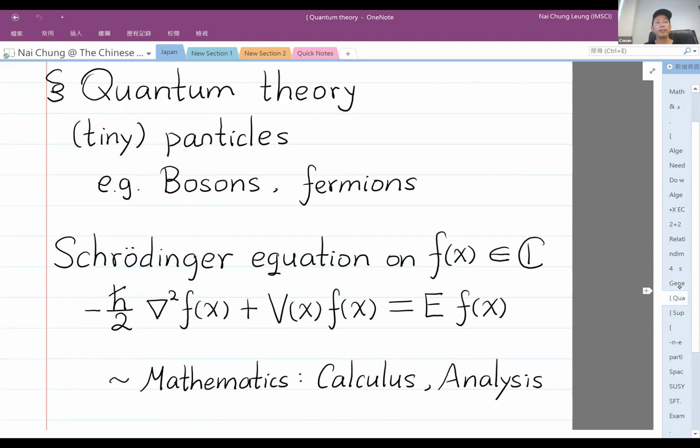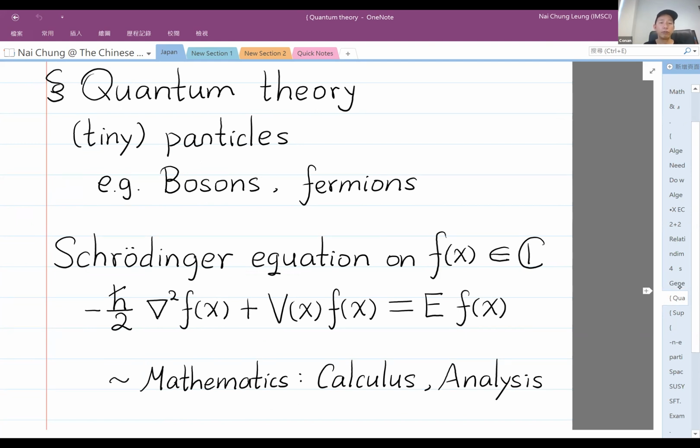Okay. So as I mentioned, besides relativity, another subject involves quantum theory, and these two theories look very different, and string theory is intended to be a unified theory to integrate these two seemingly completely different types of theory. So this quantum theory, instead of looking at very gigantic objects, looks at very tiny objects.